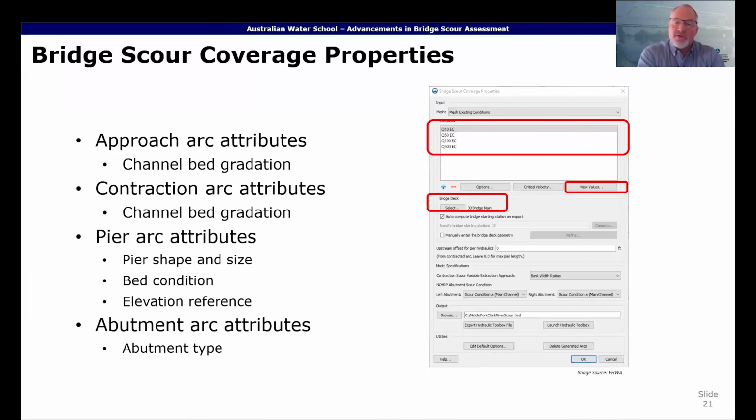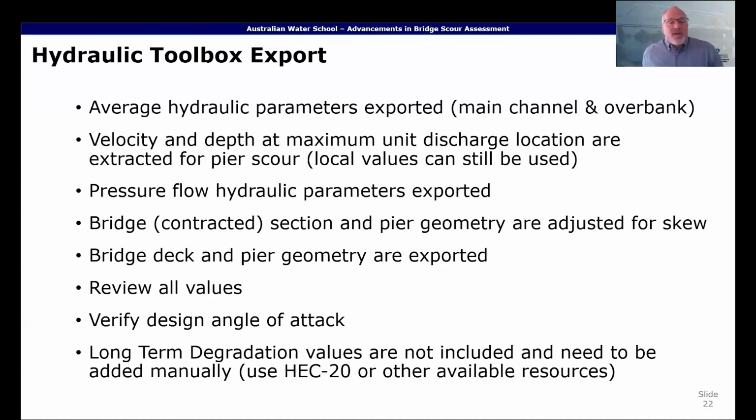Before you export to the hydraulic toolbox, you can view values, and then you can actually copy all those values to another spreadsheet if you wish, if you have another way to compute scour or check scour. But ultimately at the bottom of this menu, you export values to the hydraulic toolbox, and you can launch the hydraulic toolbox from here and then review results. Little overview of the export. I want to highlight a couple things.